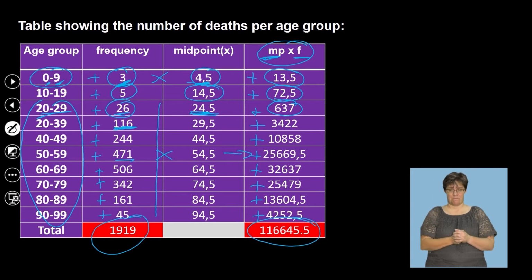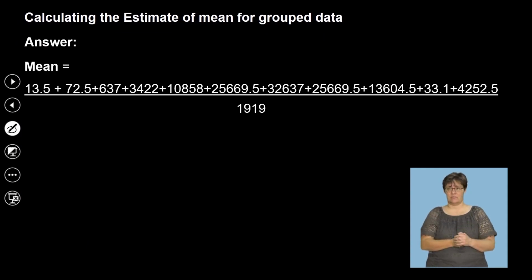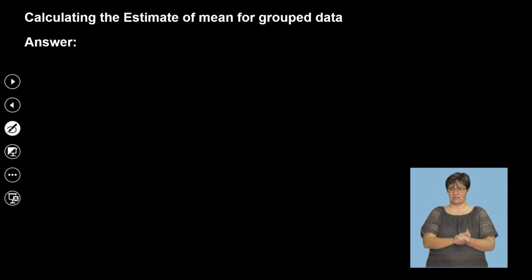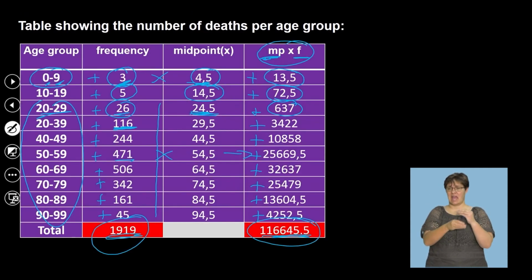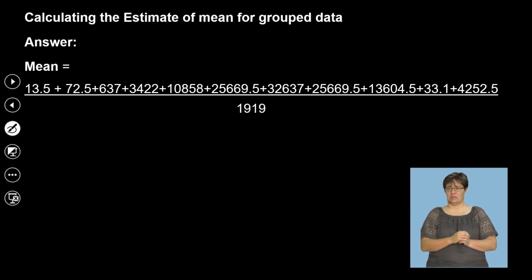So what does that mean? Now the mean, it will be this over that. So the mean, we're adding all what? This is what you're adding, all that. If you add that, this is what we're adding over the total frequency.